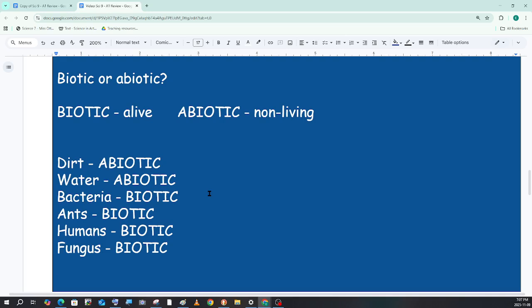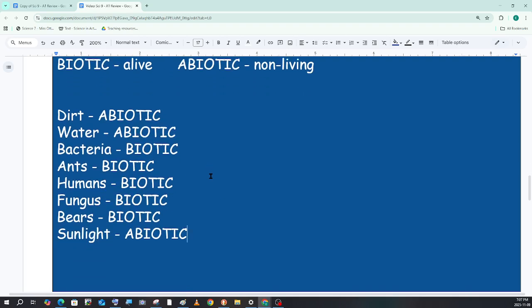Okay, maybe we'll do two more examples here. Let's see, bears, biotic, right? And one more example. Sunlight, that's abiotic. All right, but these are all parts of an ecosystem.